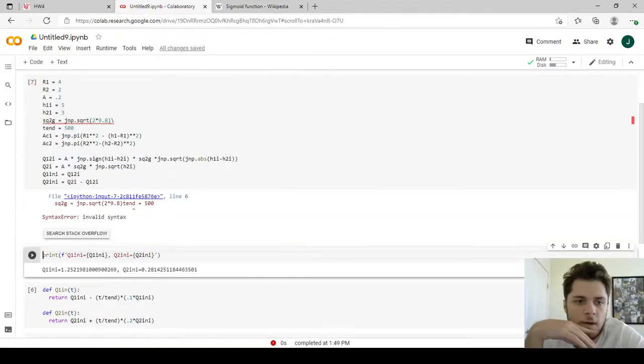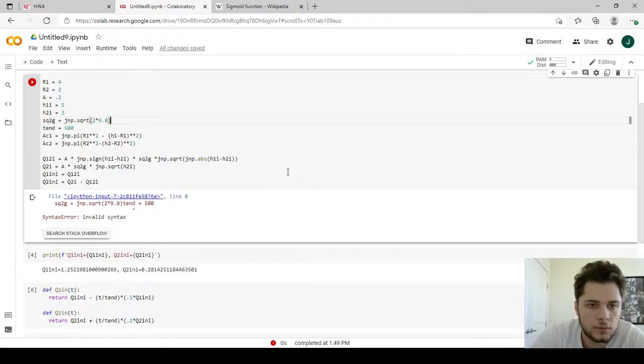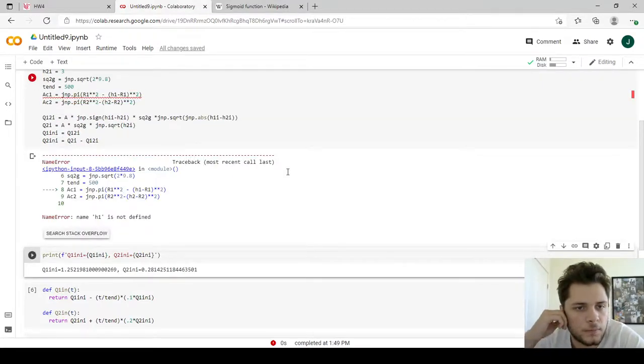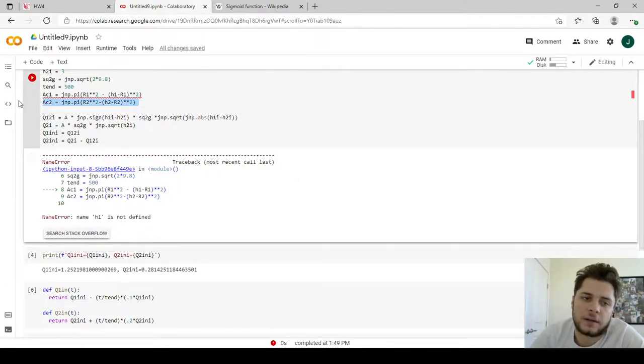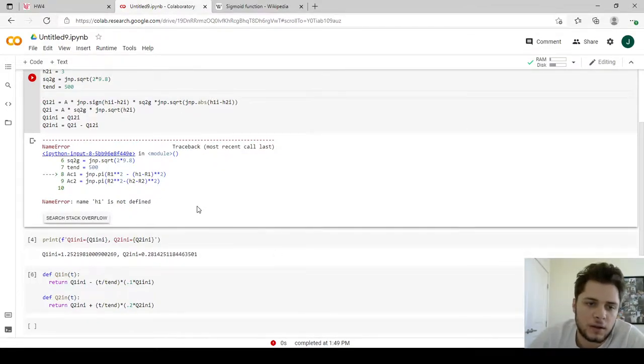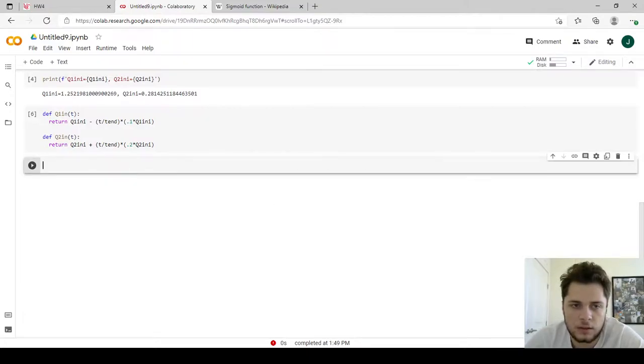Shift enter. Why? What? Oh. I don't know where that came from. H1 is not defined. Oh. Okay, never mind. I'll just plug them in down there. I forgot it was going to be annoying like that. Okay.